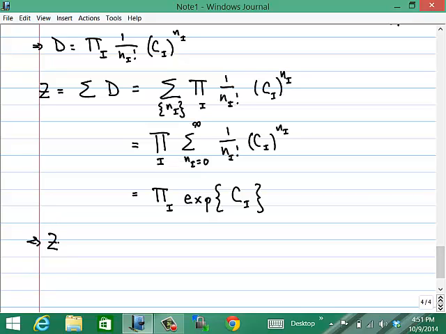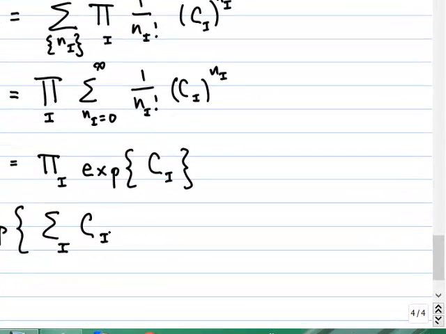So that means that Z of J is the exponential of the sum only of connected diagrams. Okay, magic. So you see that if you want to sum over all diagrams, then all you need to do is sum only over connected diagrams and exponentiate the result.